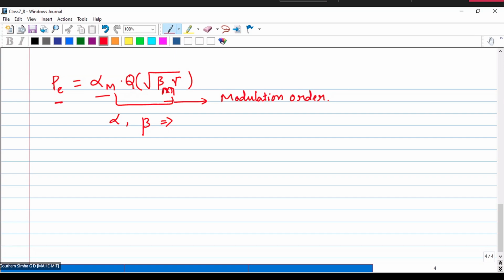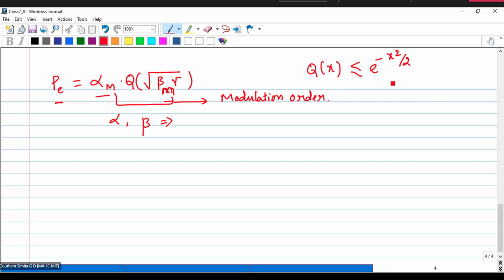Okay. Upper bounding using Chernoff bound is a generic way of explaining things. Now, in our book, what she says is that the probability of error can be approximated by using the Chernoff bound on the Q function. Q of x is always less than or equal to e to the power of minus x squared by 2.